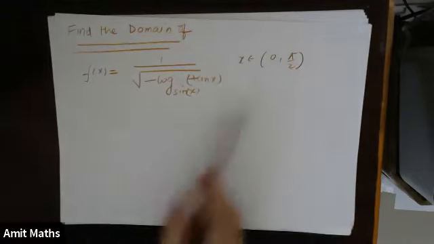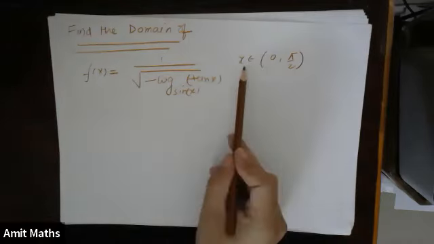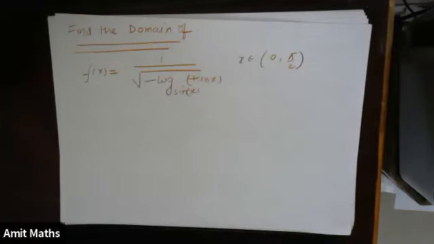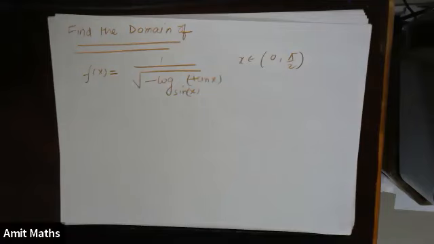Between x belongs to 0 to pi by 2, what are the values of x which this function can take?